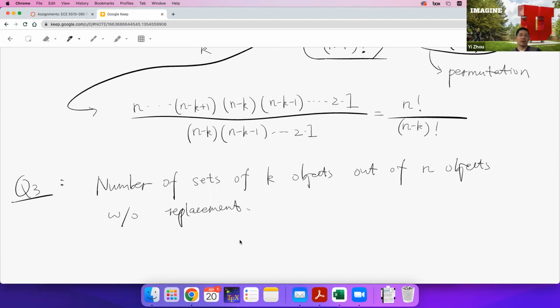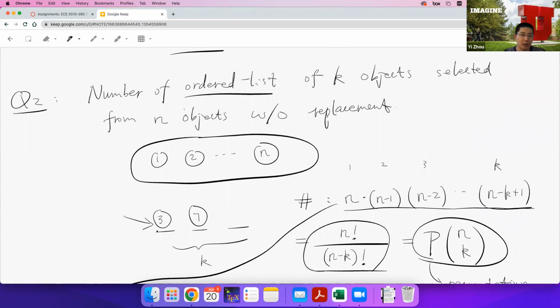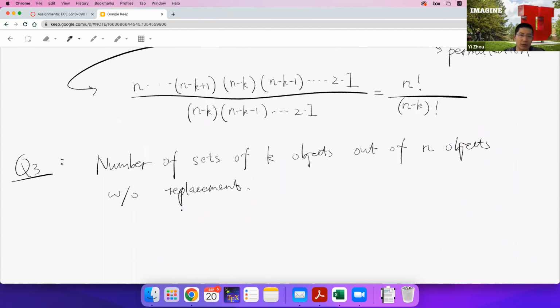Okay. So here we are talking about, again, we have N different objects. And out of these N objects, we are going to pick a subset of K objects. But different from Q2, in Q2 we care about the order, the positioning of these K objects. But here we do not care about the positioning anymore. We only care about the set that you picked.